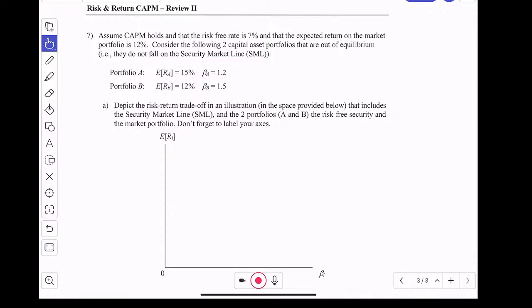So we're going to assume it just holds true, and that the risk-free rate is 7% and the expected return on the market portfolio is 12%.